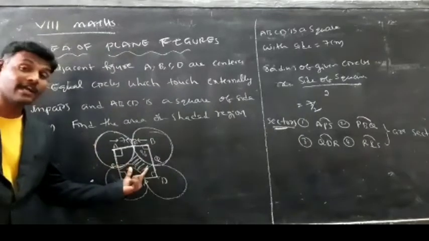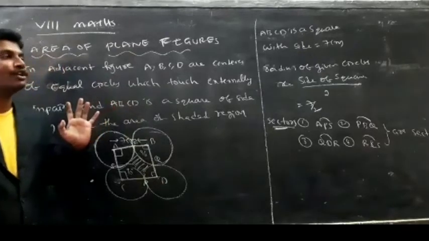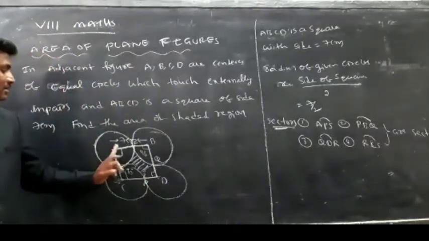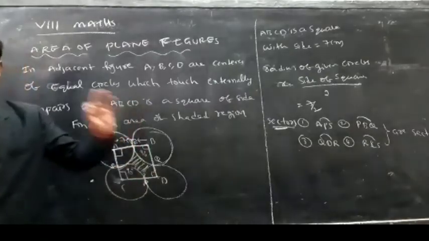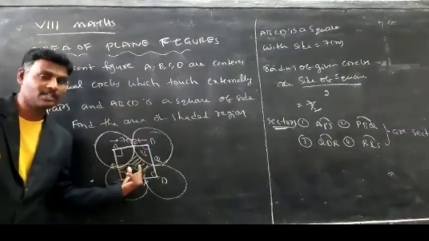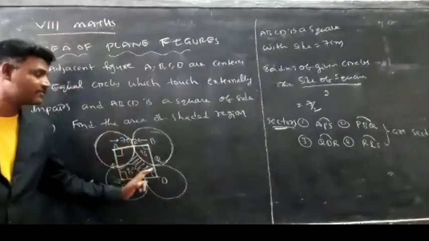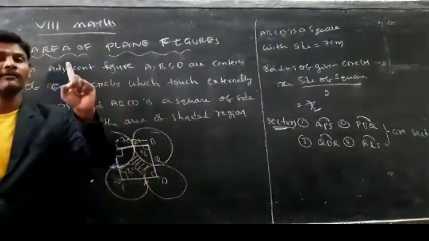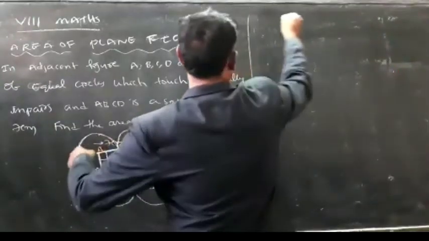To find the area of the shaded region, you have to subtract the area of these four sectors from the area of the square. So from the diagram, what can we write here?